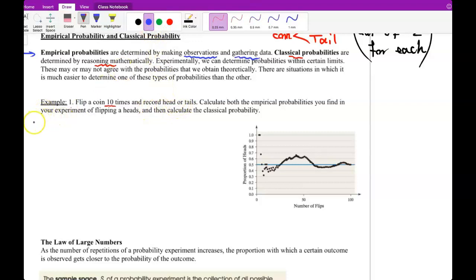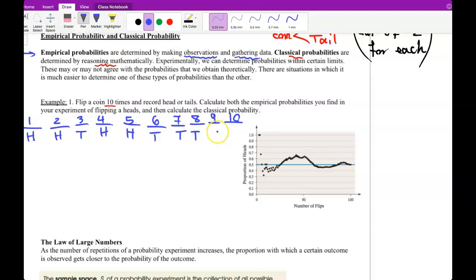Let's say on the first try we had head, second try again head, tail, head, head again, tail, tail, and here head.